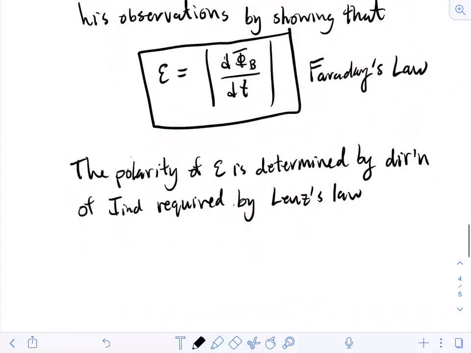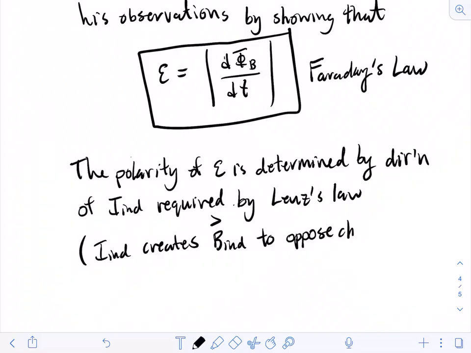And so remember what Lenz's law is: I induced creates a B induced to oppose the change in the flux.